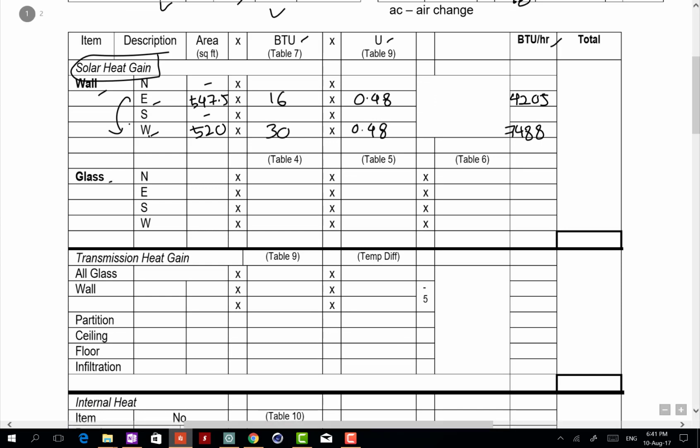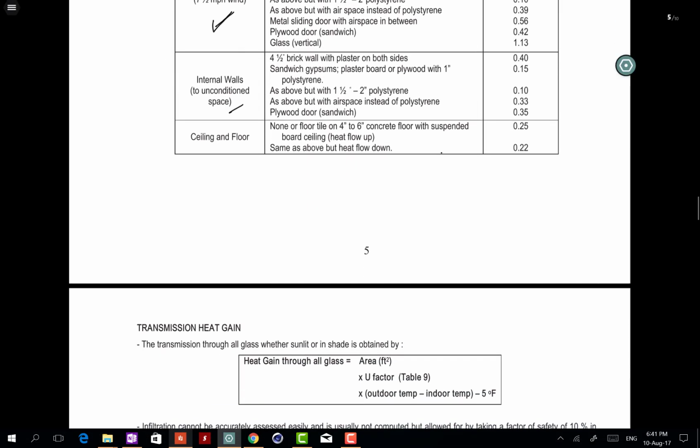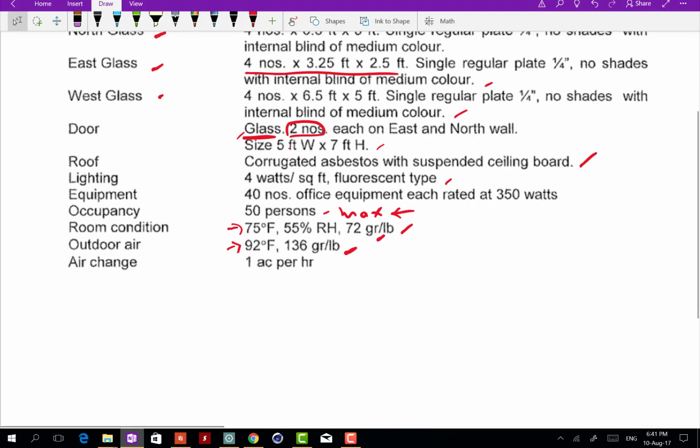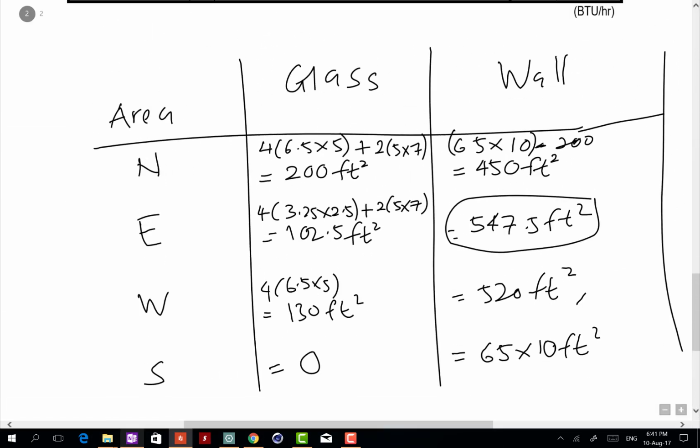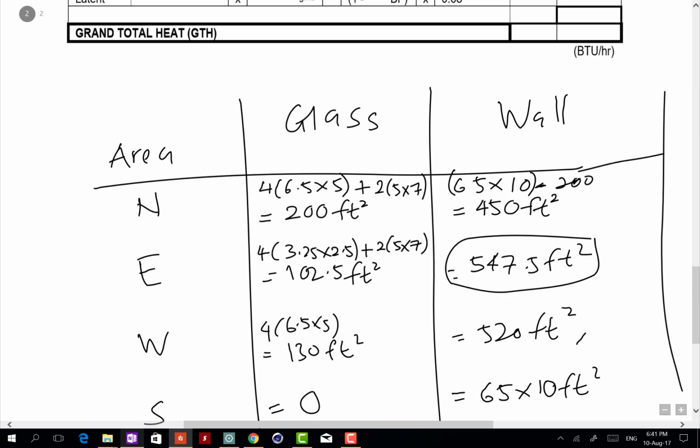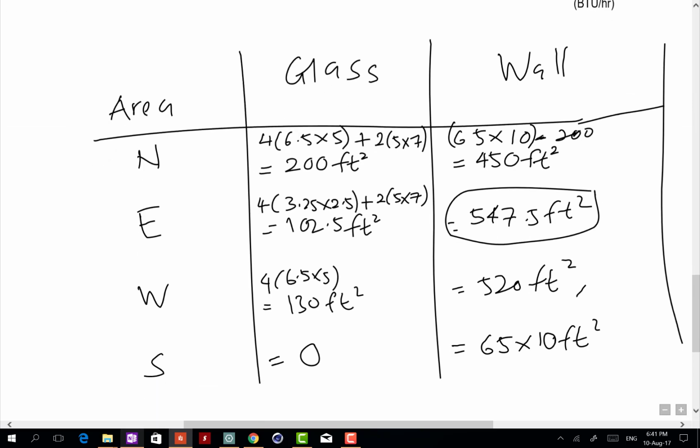Then the next part is for glass. Okay, for glass we need to consider also east and also west, because it is directly exposed to the sun. Right, the area for glass on the east is 102.5, and then for west is 130.